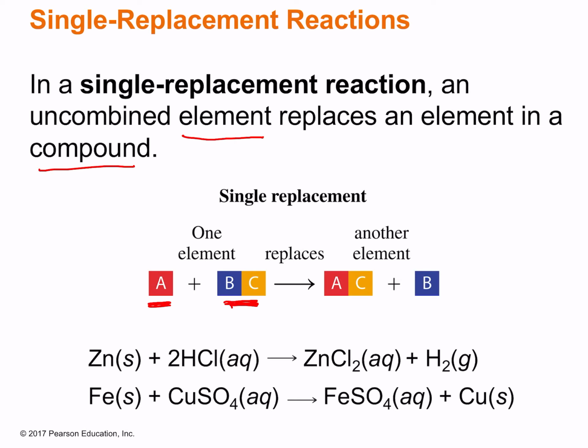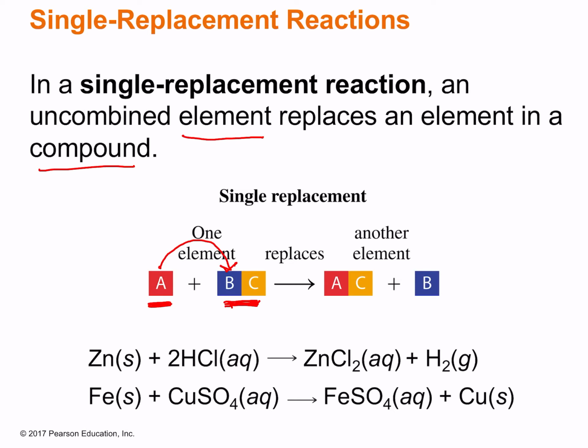So here we have an element reacting with a compound, and this element will go and kick one of them out. They just kind of switch places. So now, instead of A being by itself and B being bonded to C, A is bonded to C, and B ends up by itself. A kind of kicked B out.